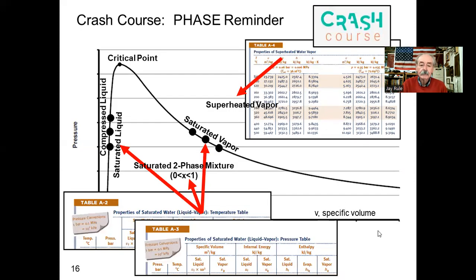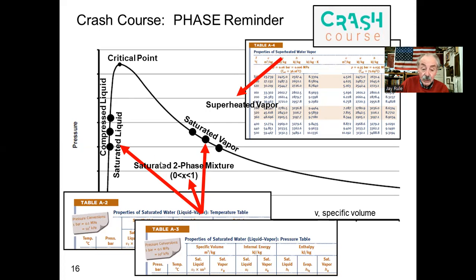Here we go. I've drawn a PV diagram for you that, boy, should be really familiar to you by now. Pressure on the Y, specific volume on the X, vapor dome. And as a review, if your state lies on this part of the dome, you're a saturated liquid. If your state lies on this part of the dome, you're a saturated vapor.